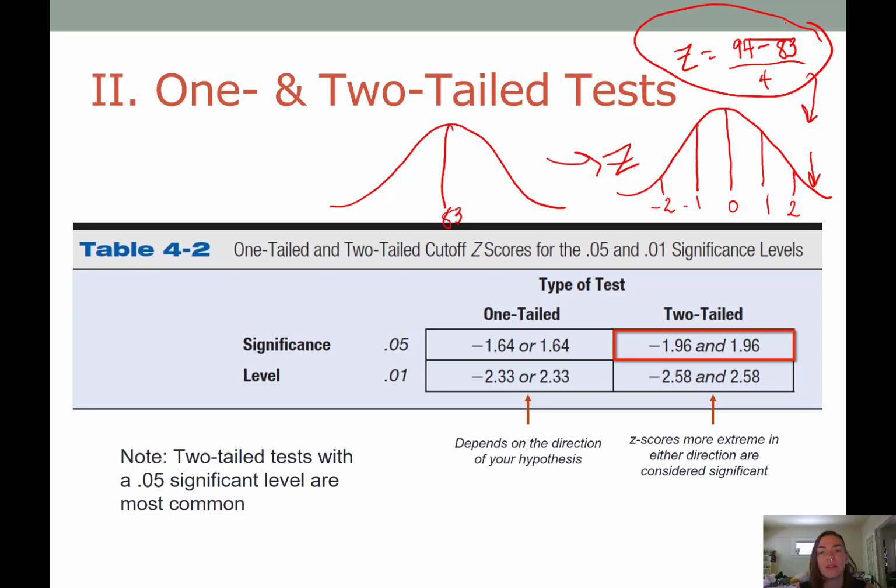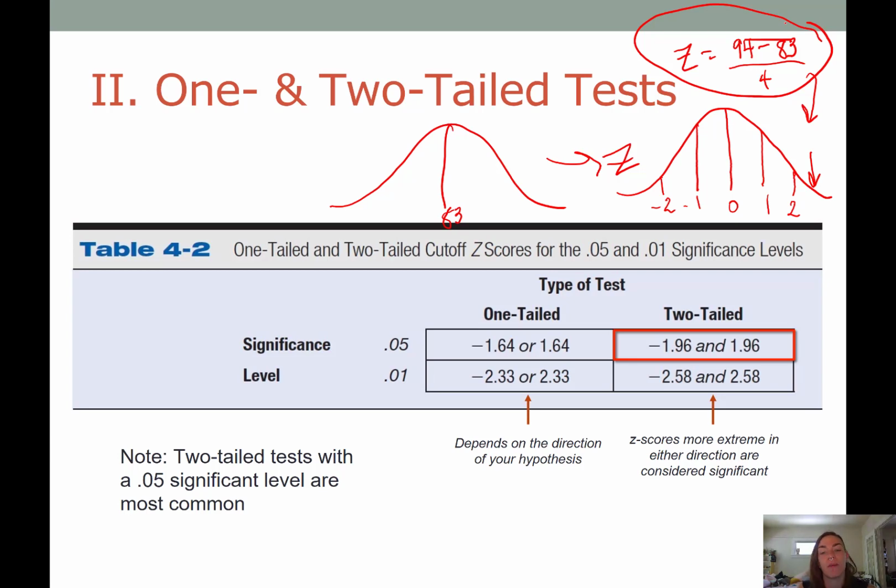How unlikely or likely is a value of 94 on a distribution with a mean equal to 83 and a standard deviation equal to 4? Or in other words, how likely or unlikely is a value of 94 if the null hypothesis is true, if reading the book really doesn't do anything at all?